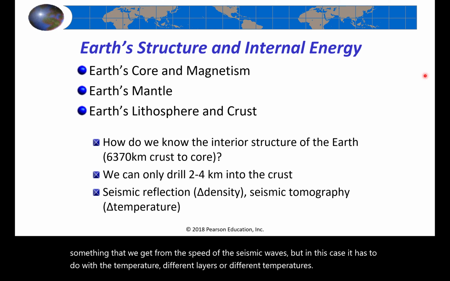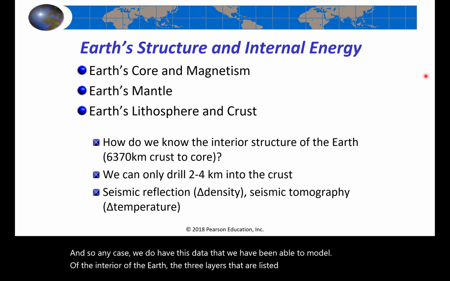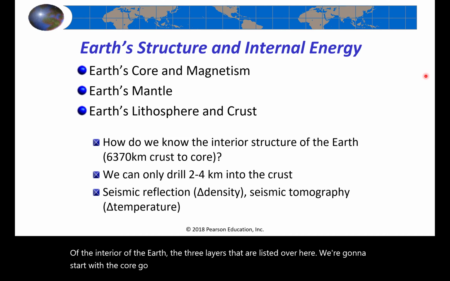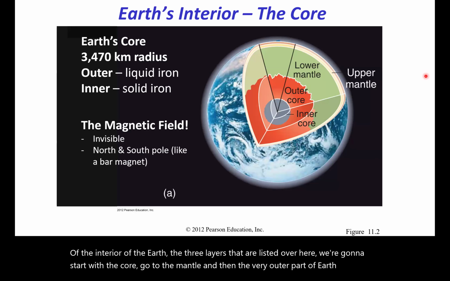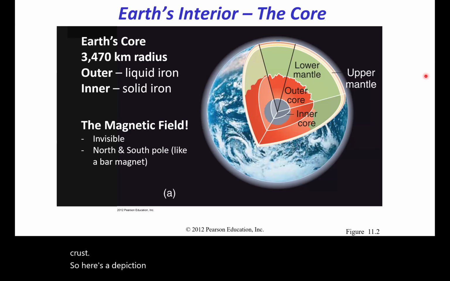In any case, we do have this data that we have been able to model the interior of the Earth. The three layers that are listed over here. We're going to start with the core, go to the mantle, and then the very outer part of Earth is the crust. So here's a depiction of these three layers.